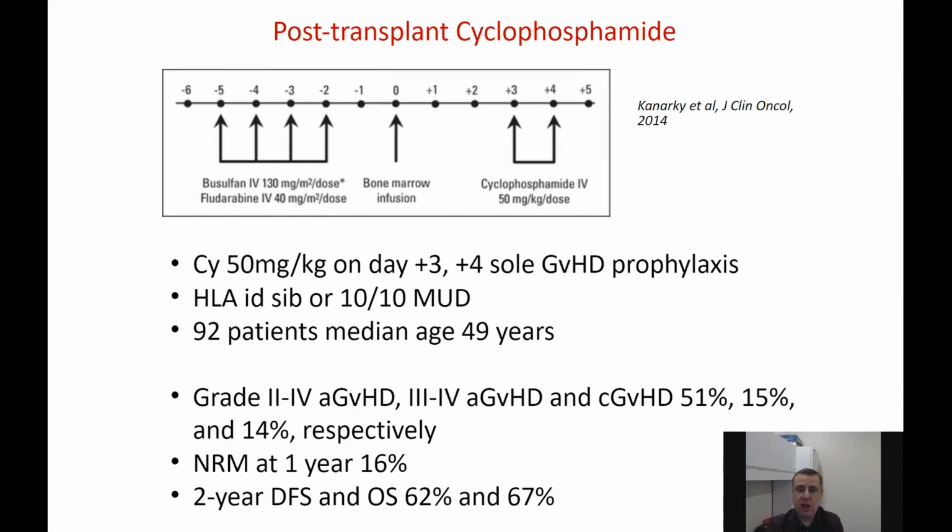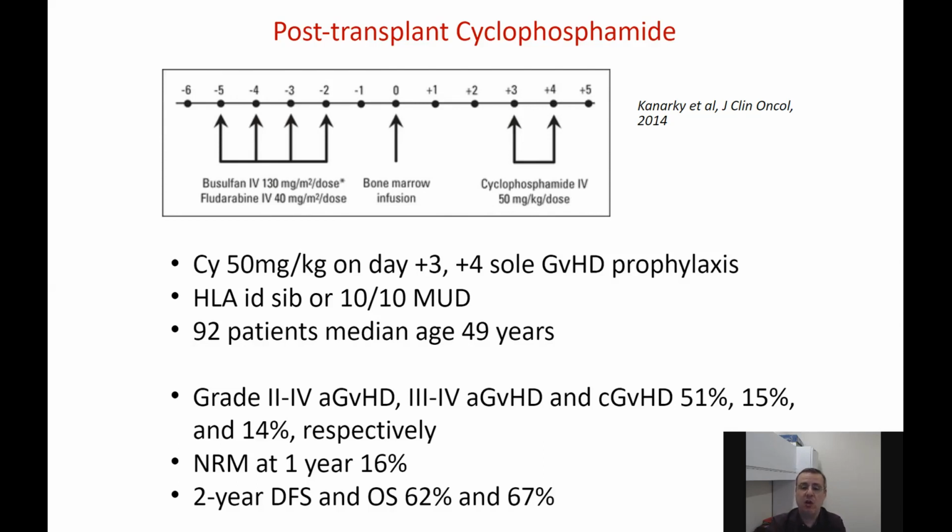More recently, post-transplant cyclophosphamide has been introduced as graft-versus-host disease prophylaxis, and it has been quite successful. This is one of the early publications by Kanakry and colleagues from 2014, where they successfully used post-transplant cyclophosphamide as the sole graft-versus-host disease prophylaxis given at day 3 and day 4 after the stem cell infusion.